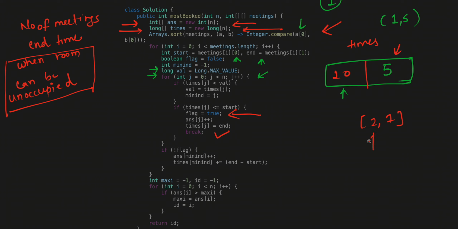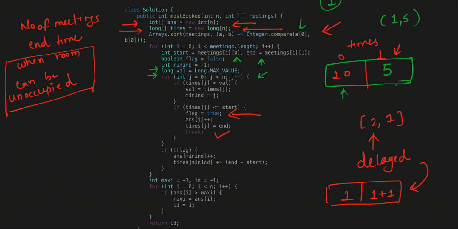What does it mean? The current meeting which I am at is a delayed meeting. So for answer of min index, in this case I got 1, and I will be maintaining an answer array as we discussed above. So answer of min index plus 1 for this delayed meeting.